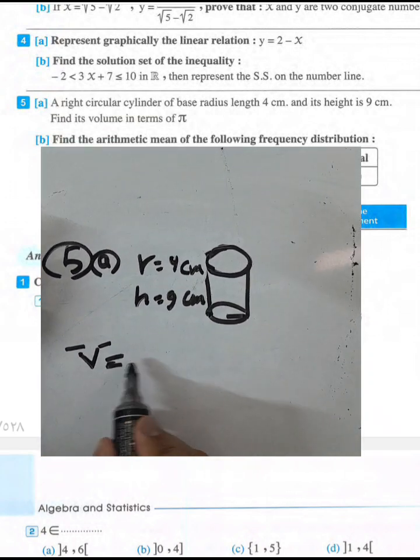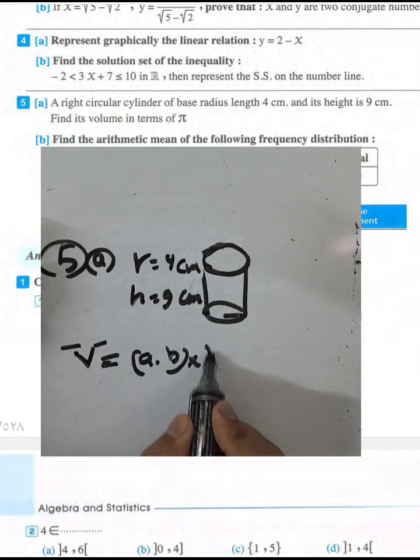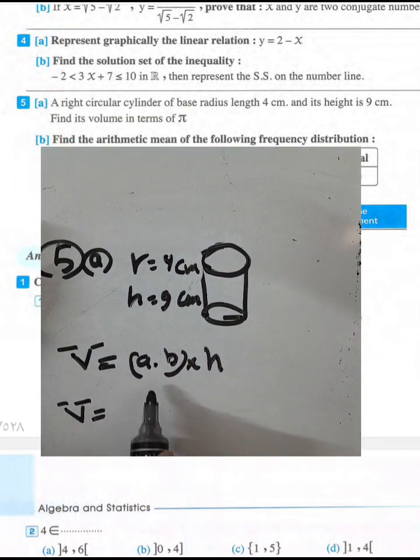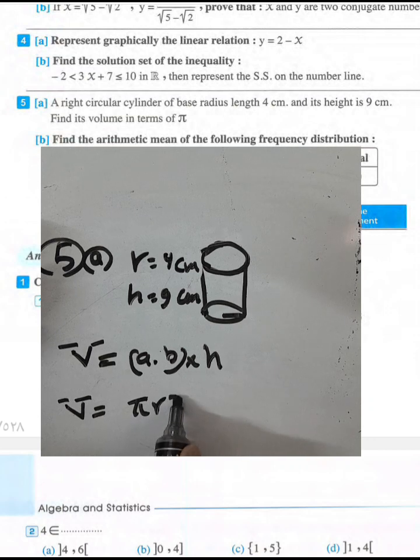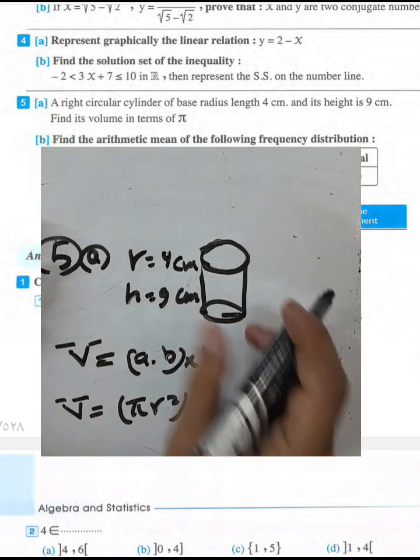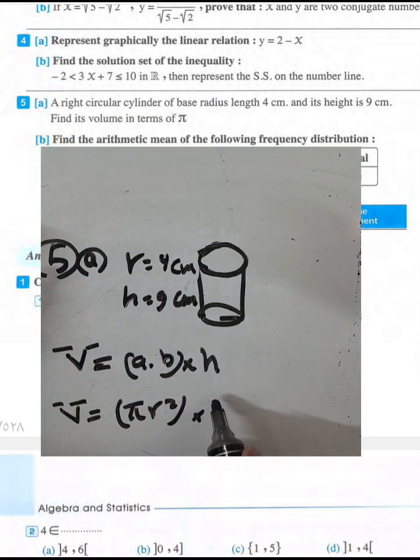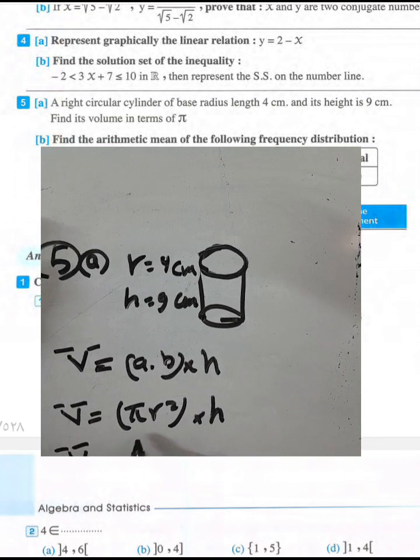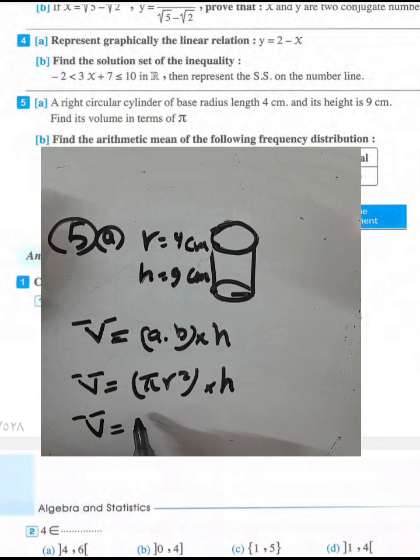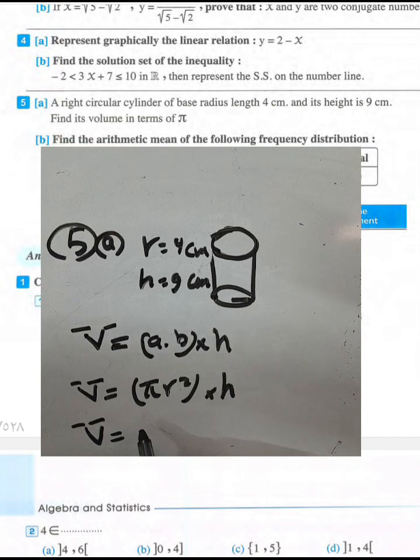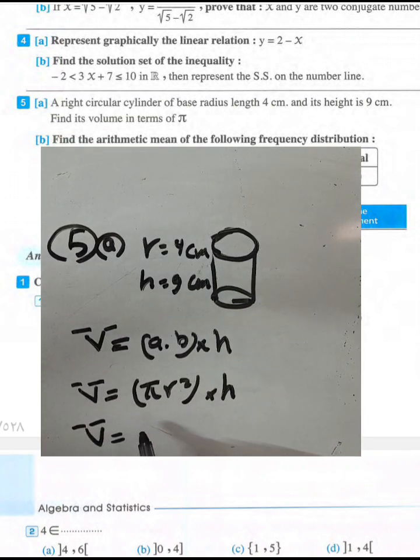We know the volume equals the area of the base multiplied by the height. The area of the base will be pi r squared, the area of a circle, multiplied by the height. Then the volume: pi equals 22/7, or if you want to find the volume in terms of pi.